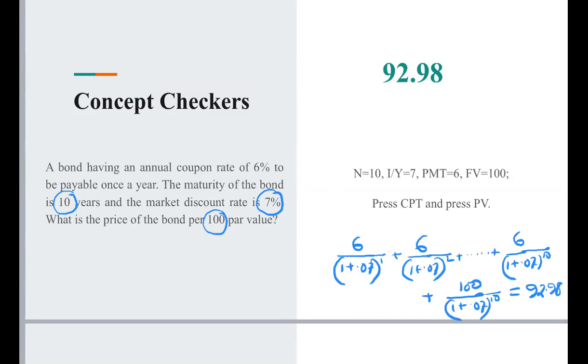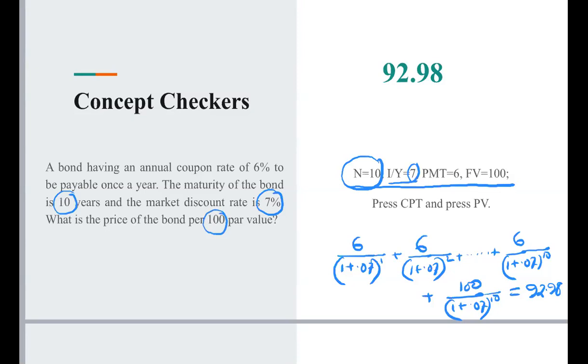This can be found easily using the Texas Instruments BA II Plus calculator, or BA II Plus Professional calculator, where we use the time value of money function. You give the input N equals 10, which means the maturity of the bond. I/Y equals 7. 7 means 7%, so the calculator automatically takes 7 as a percentage.